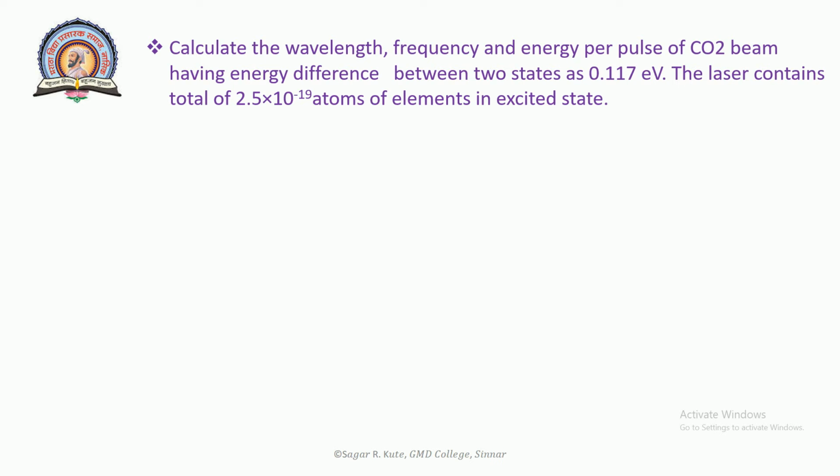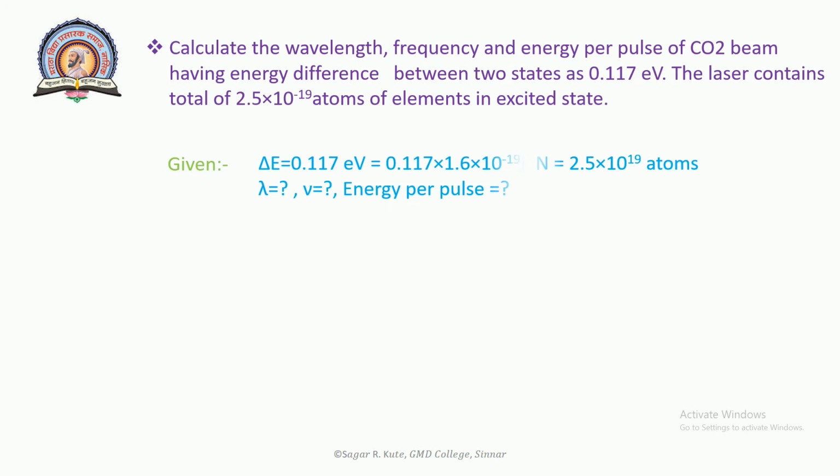Now in this numerical, given delta E is equal to 0.117 electron volt, that is 0.117 into 1.6 into 10 raised to minus 19 joule. Now N is equal to 2.5 into 10 raised to 19 atoms. Now calculate wavelength lambda, frequency nu and energy per pulse.